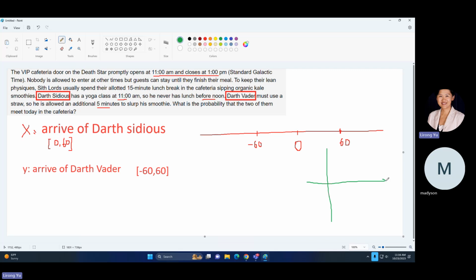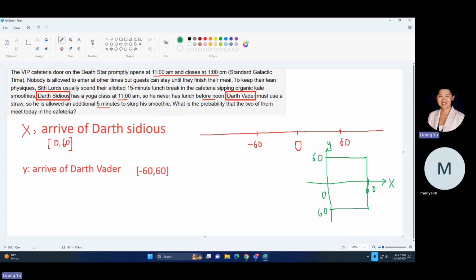Now it actually has X between 0 and 60, Y between negative 60 and positive 60. The analysis method is the same, but the picture actually looks very different. So now how it looks like. That's how it looks like. So that's the one we have to switch.